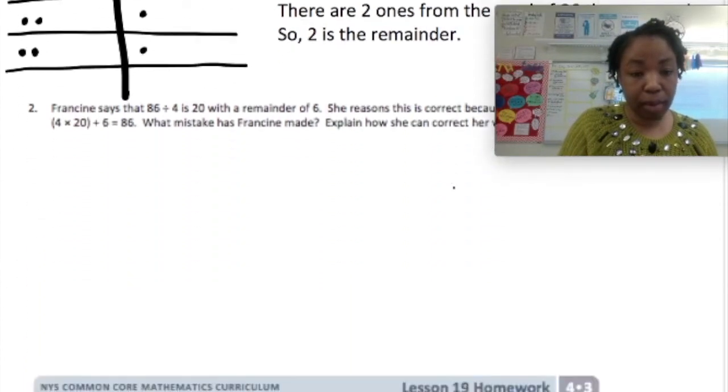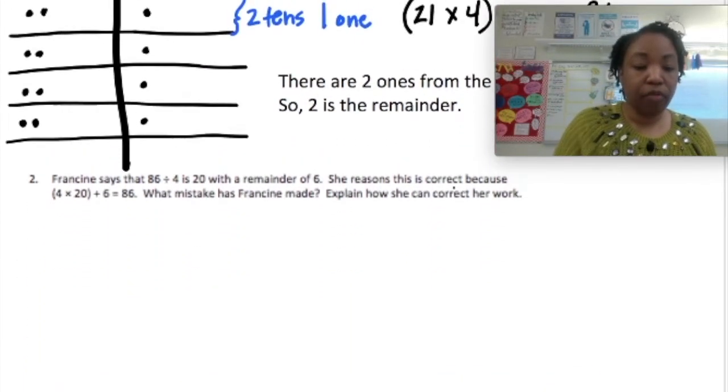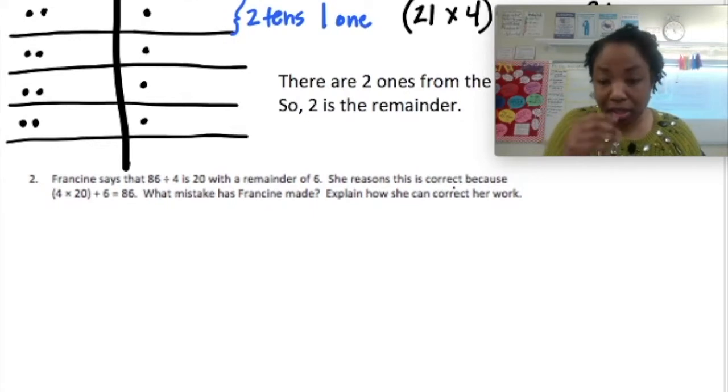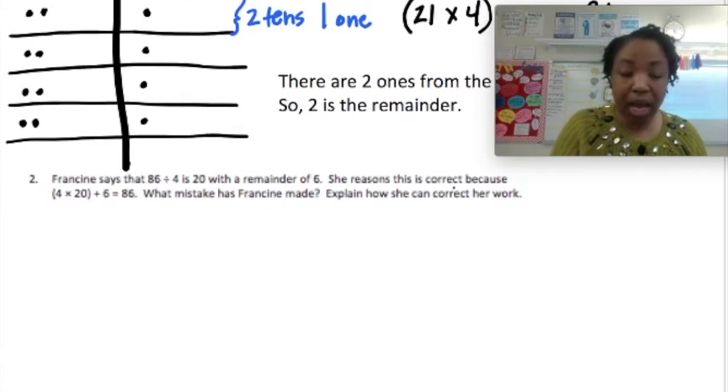Alrighty, let's move on to number 2. Francine says that 86 divided by 4 is 20 with a remainder of 6. She reasons this is correct because 4 times 20 plus 6 equals 86. What mistake has Francine made?